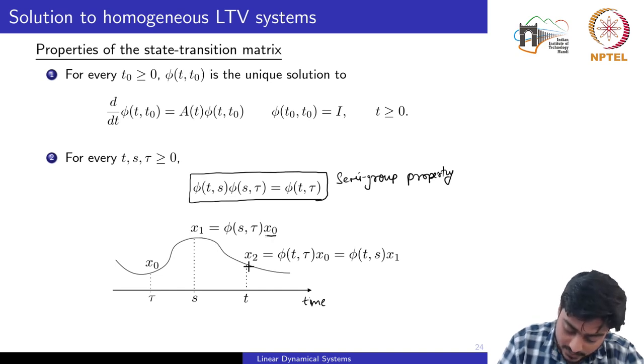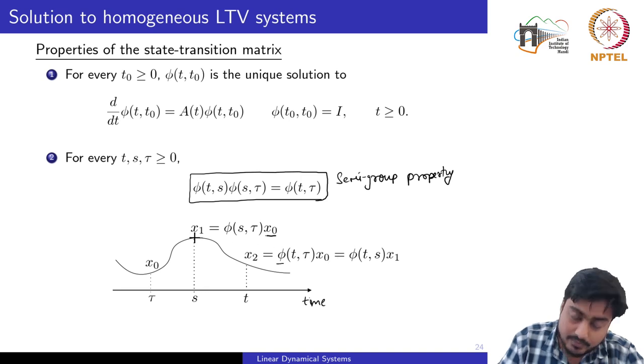Okay. Now if I want to compute the solution, let's say at time t, then my x2 I can represent in two ways. If I know x0, then I can represent it by the multiplication of the state transition matrix phi at time t, given the initial condition at tau, multiplied by x0. Okay.